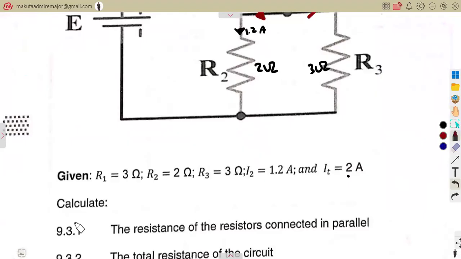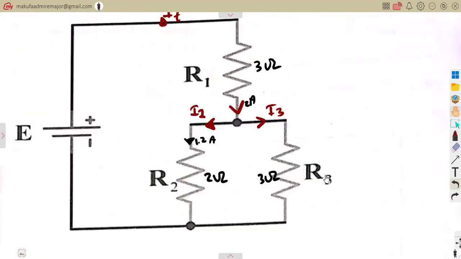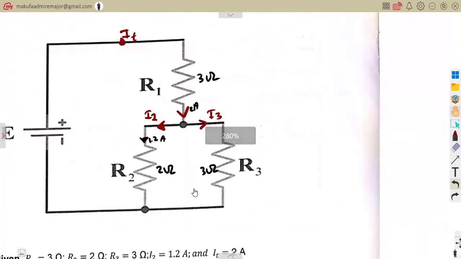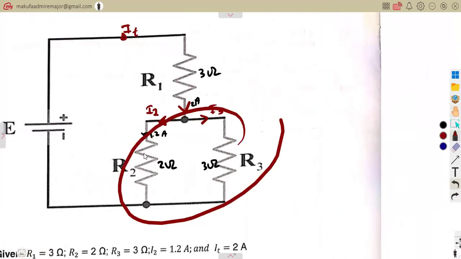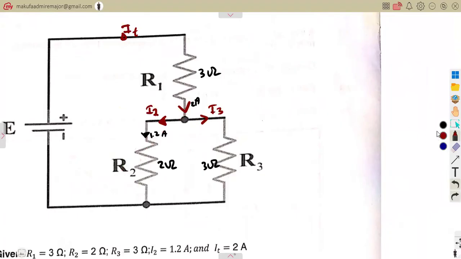First question, 9.3.1: calculate the resistance of the resistors connected in parallel. These two resistors here are in parallel.